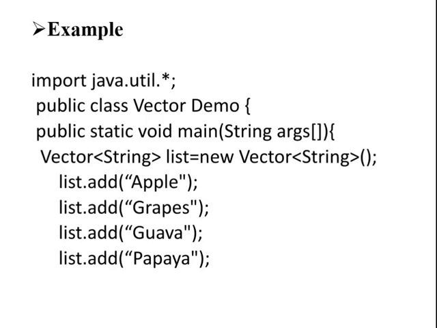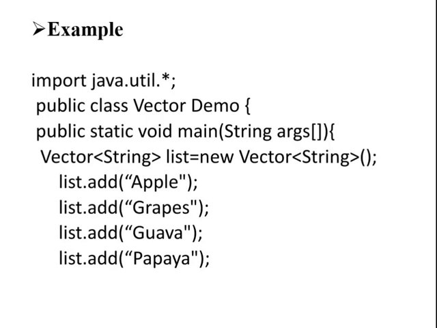That is the program: import java.util.*; public class VectorDemo, public static void main(String[] args), this is a constructor, Vector<String> vec = new Vector<String>(), that is the syntax used to represent the vector, that is creating the vector.